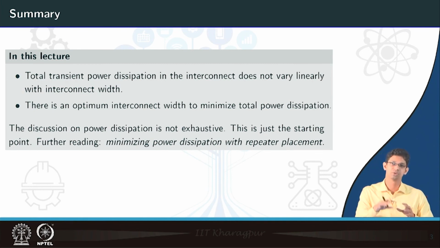But these repeaters will also consume some power, and your overall analysis should incorporate the power dissipation with repeater placement also. So that is an immediate topic that can be taken up for further reading.